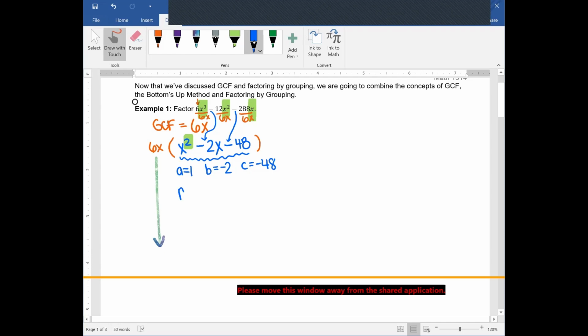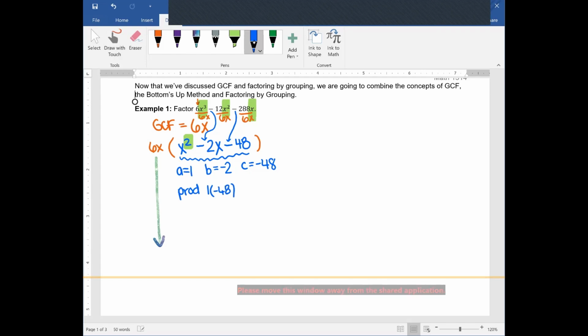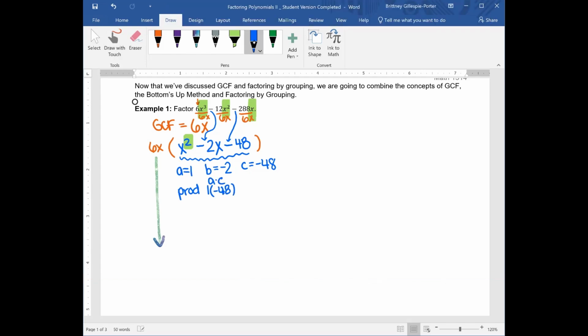We're looking for a product of A times C, which is 1 times -48, which gets us to -48. And we need a sum of B, which is -2. So you can start listing all the different numbers that multiply to be -48. So for instance, I started with the numbers they gave us.